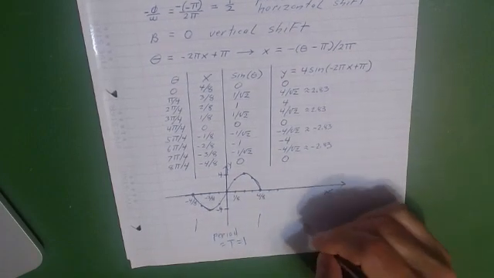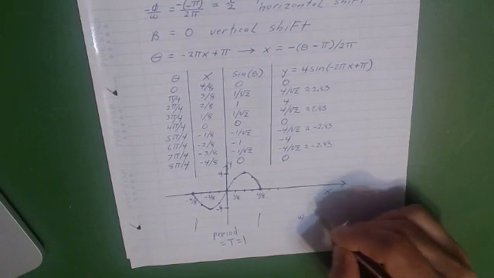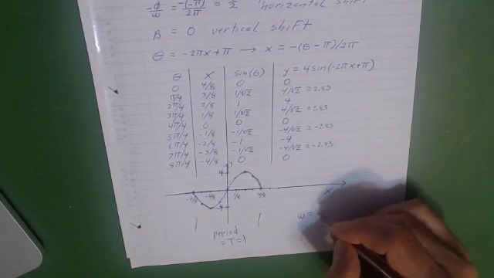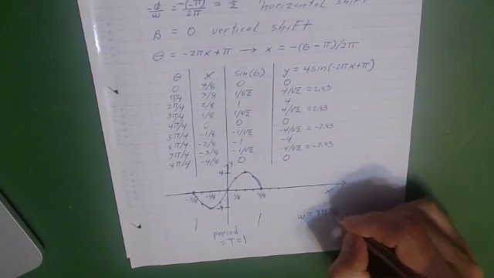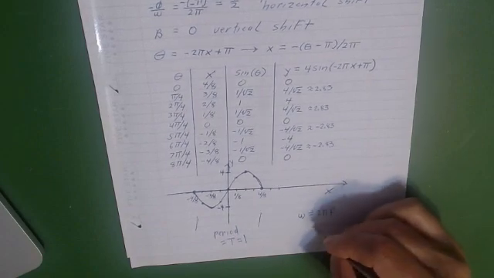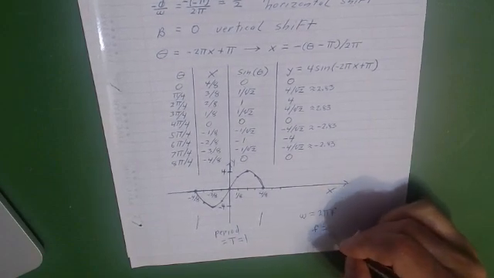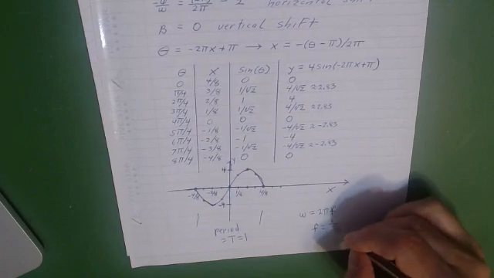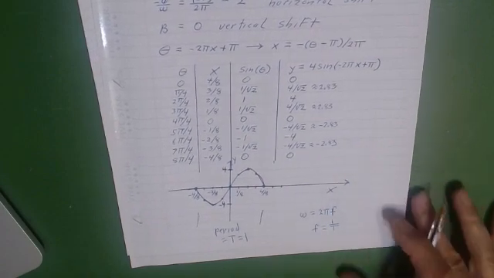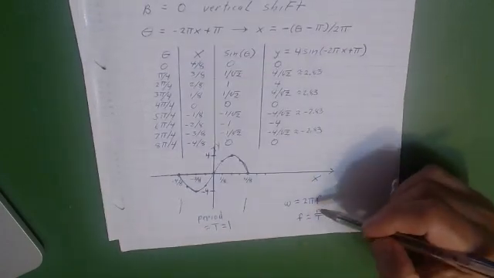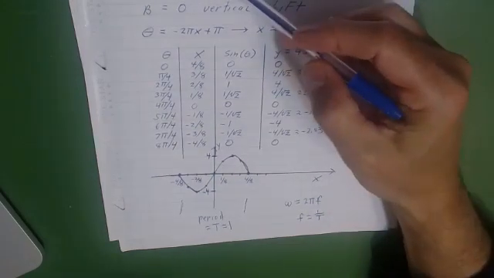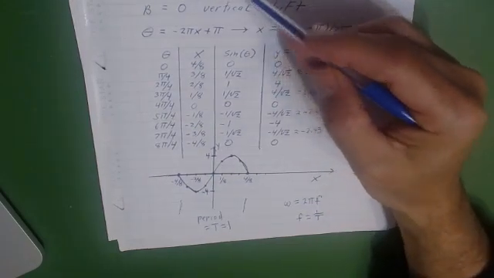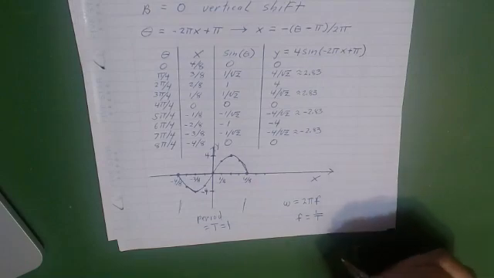Just to show you how some of these equations are related, remember omega was 2 pi f. Well, f equals 1 over T. So if we know what omega is, omega was 2 pi.